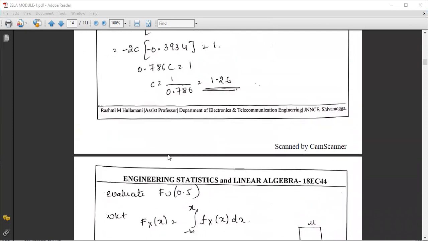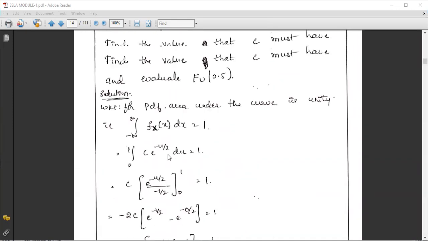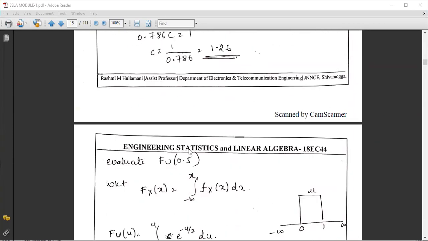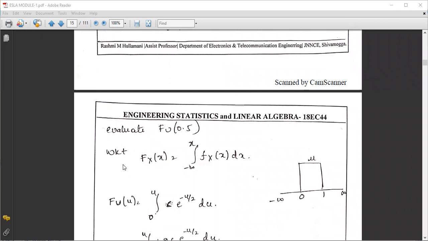Continuing this problem, evaluate F_U(0.5). We know what the cumulative distribution function is.